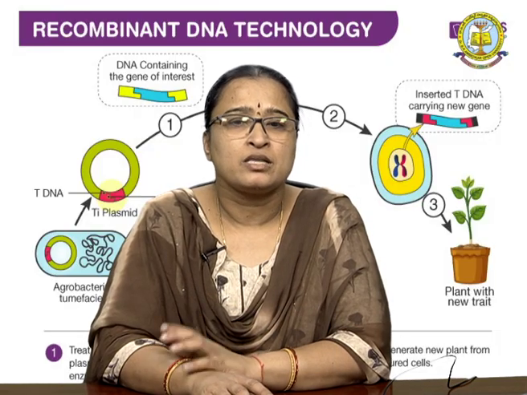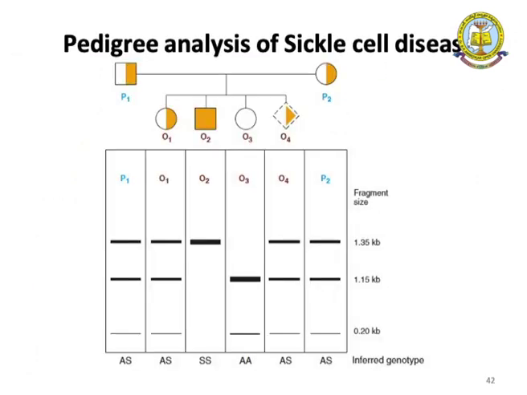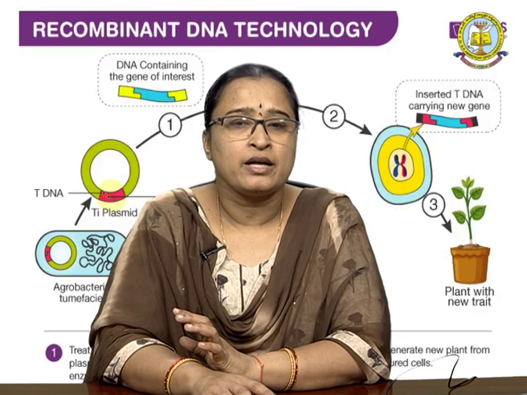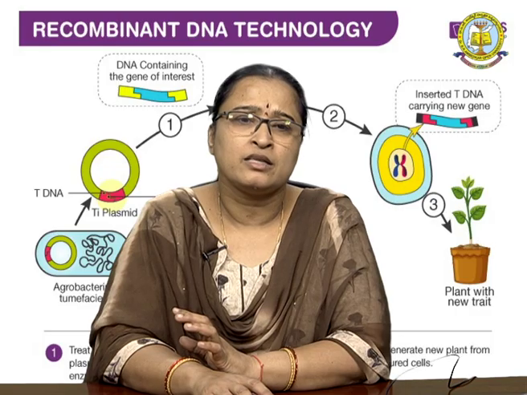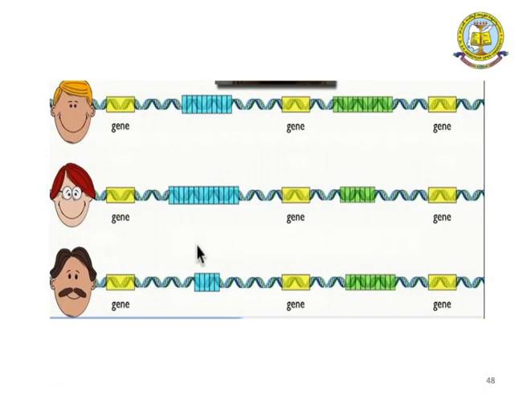The sickle cell disease is like this, and pedigree analysis is also present. These are the DNA required, and for DNA fingerprinting, see the picture, how the gene passes from parent, mother and children, so you can observe these DNA fingerprints present here.